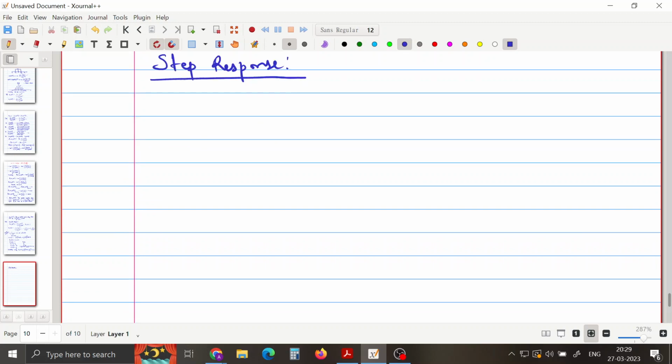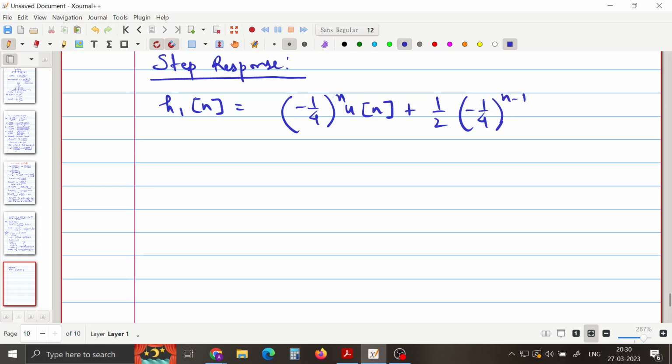Now, let's say for the first system h1, let's look at the step response. So we already evaluated h1 of n in the previous part. It has the form like this, with u of n minus 1.